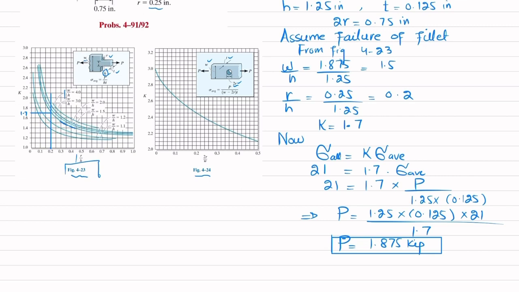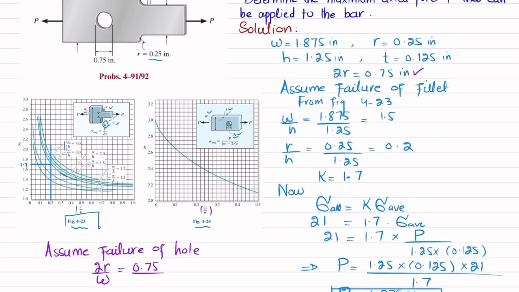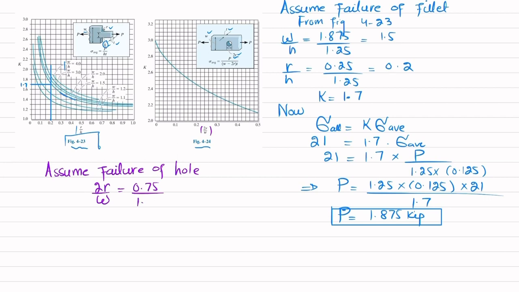Now we will find P by assuming failure of the hole. Again we will find the stress concentration factor. For that we will need 2R by W. So 2R is 0.75 and W is 1.875, that will give you 0.40.